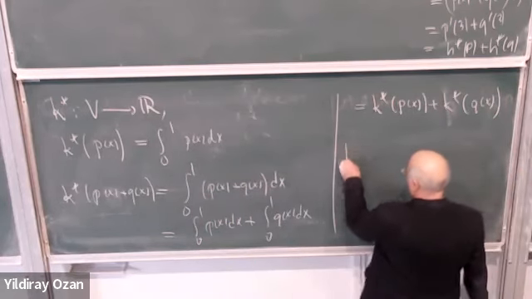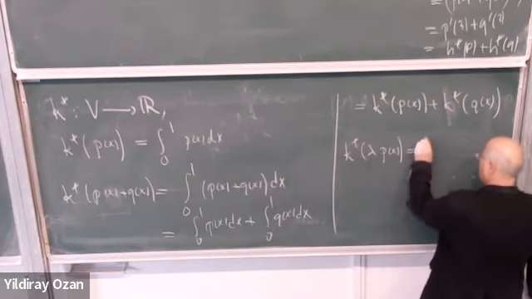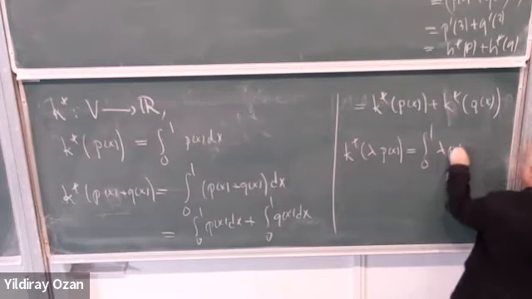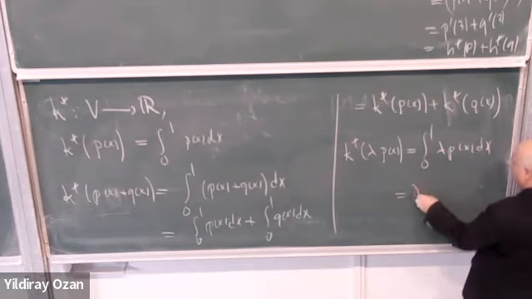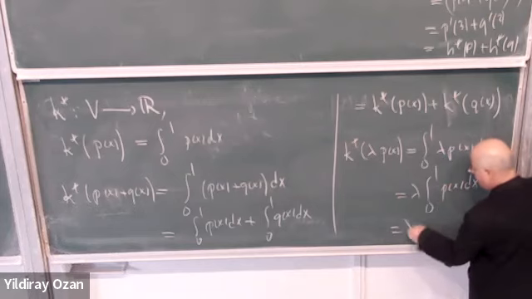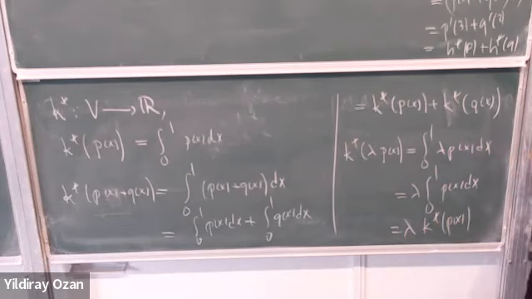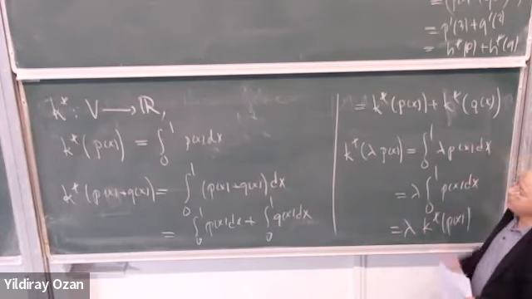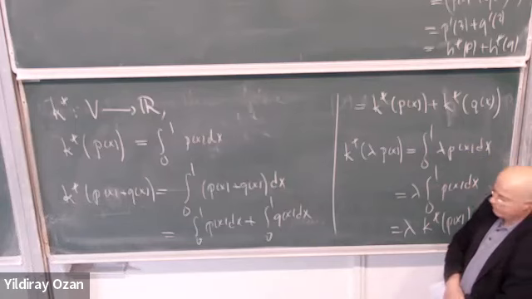Of course, you have to show this also for scalars, but I can always take constants outside the integral: the integral of lambda times p dx. So k star is a linear map. So these are all examples of linear transformations from V to R, or dual vectors.